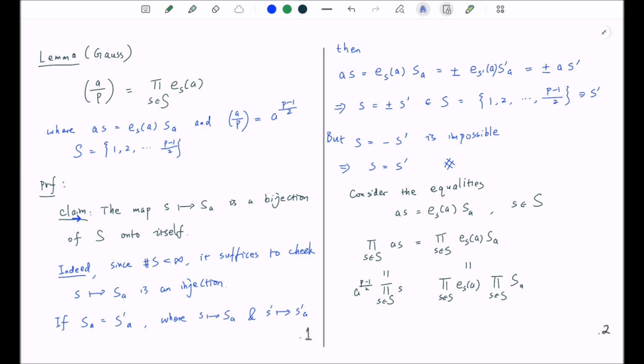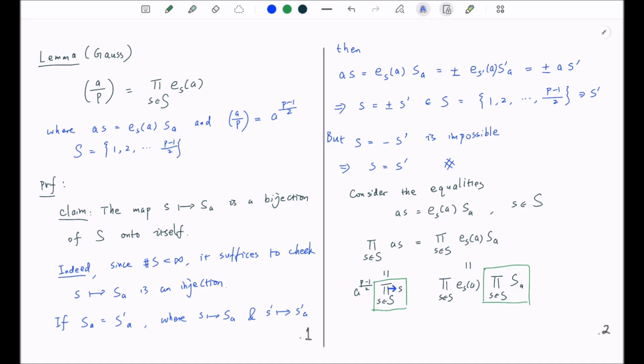And now, because of our claim that the map sending s to sa is a bijection, it follows that this product is equal to this product. The factors here are just a permutation of the factors here. So they are equal.